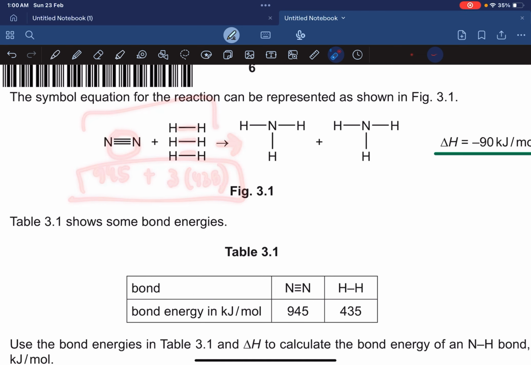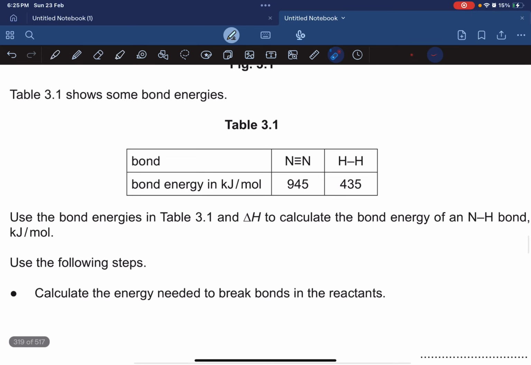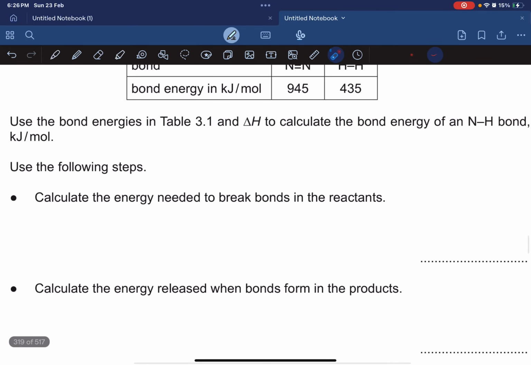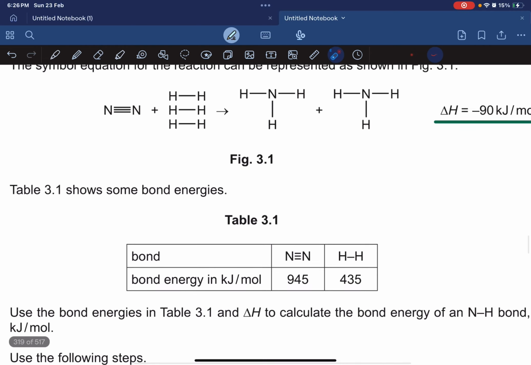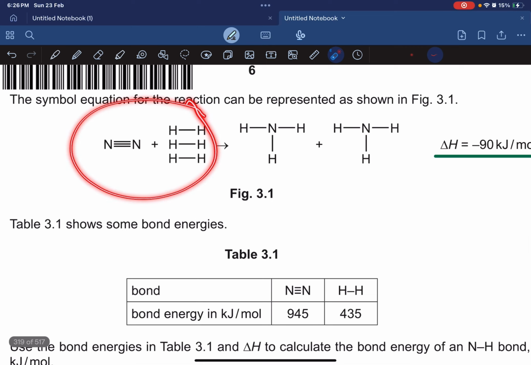So just add them. Calculate the energy needed to break the bonds in the reactants. These both are your reactants. On this side of your equation are your reactants, and on the other side are your products.